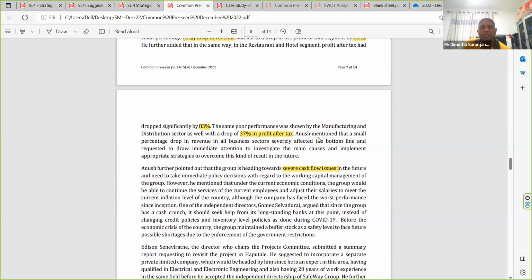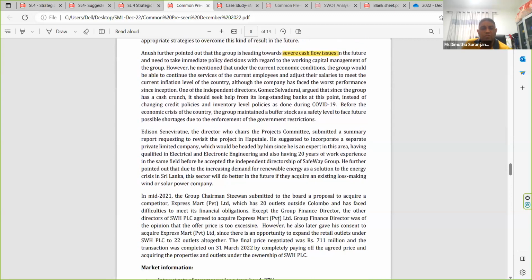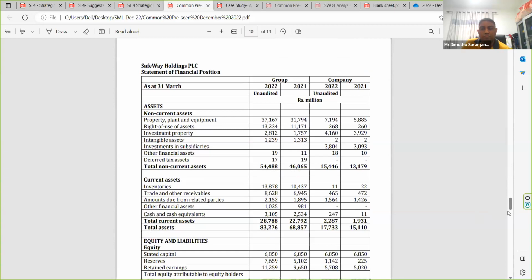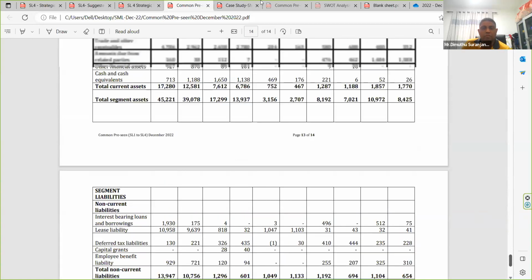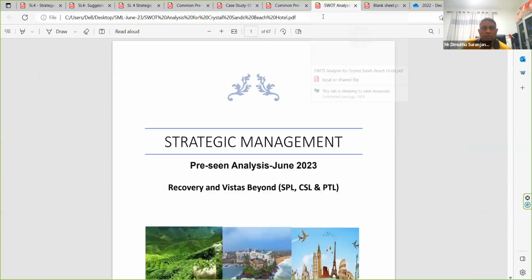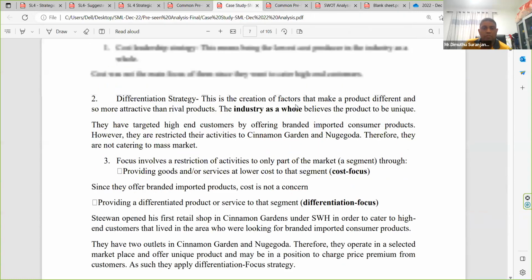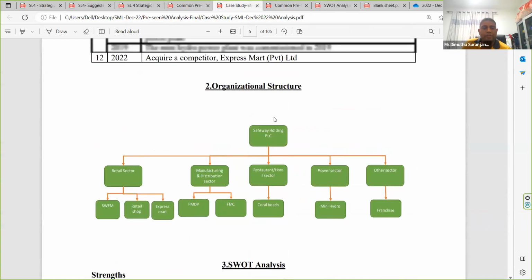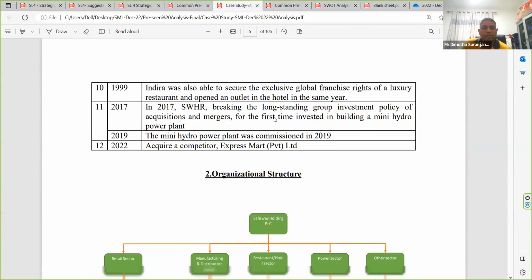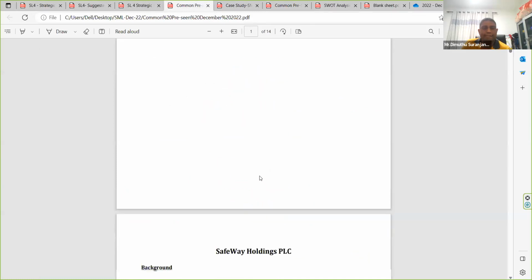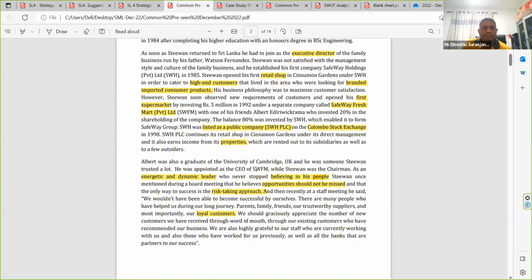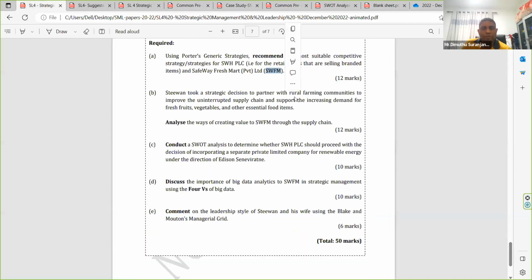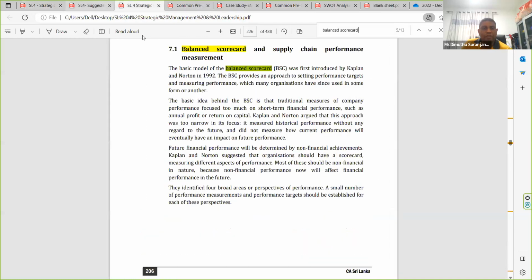The same thing again was given in the unseen part also. So when we look at this analysis part, questions are asked about SWFM, no? Safeway Fresh Mart. We'll try to find more information related to this.